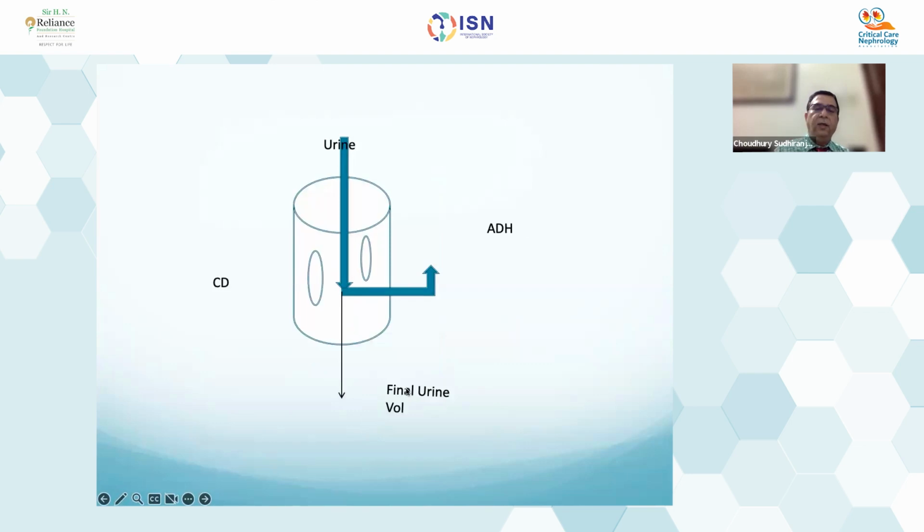Whereas if there is ADH secretion happening due to some reason, then the urinary concentration is complete, there is a very low volume of urine flow in the final part, and most of the water will be absorbed by the ADH into the body itself.